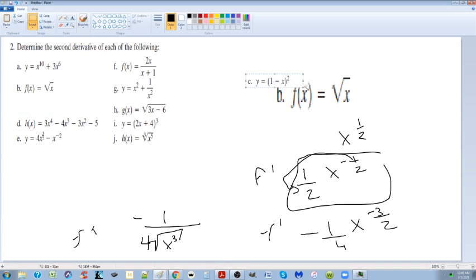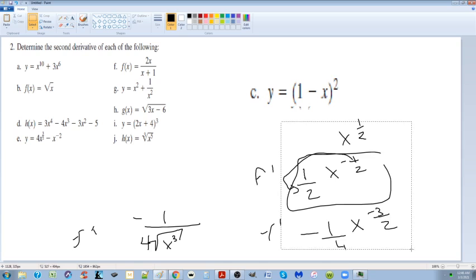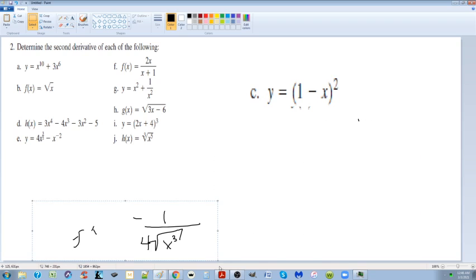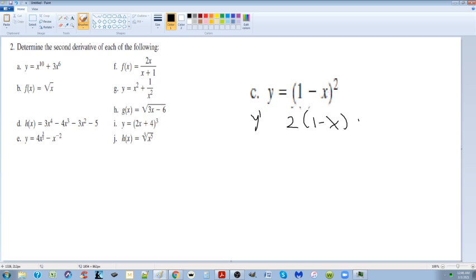This one's going to follow the chain rule, right? Or they call it a variation of the chain rule. So the first derivative is this. And keep in mind the derivative of the internal is not just 1, it's minus 1. So you just put it up front, because this minus 1 will affect the outside. So that's the first derivative.